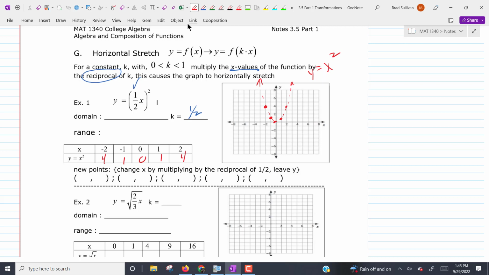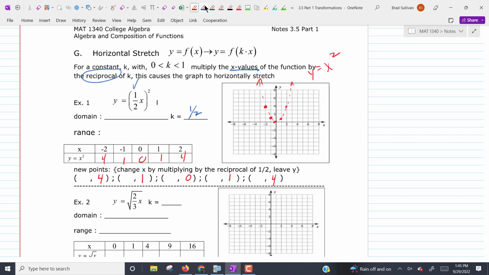That's not hard for anybody. Now this time, same thing. The y values stay the same. If your transformation is inside of the function, the y's stay the same. Just write them down: 4, 1, 0, 1, 4. That's not what's impacted on this.